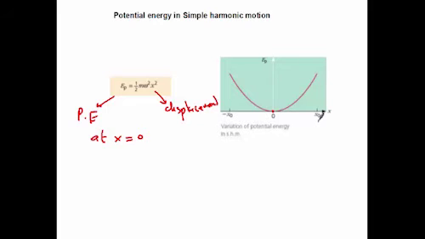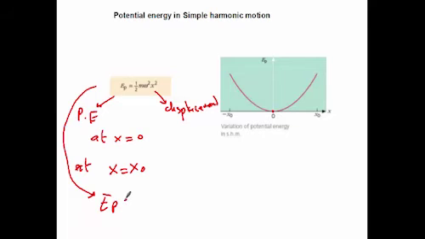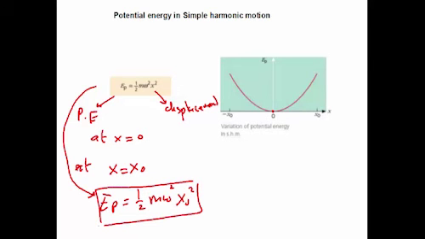When x is equal to x naught here, so at maximum displacement, this leads to potential energy equal to half m omega square x naught square. This is the maximum value for the potential energy.